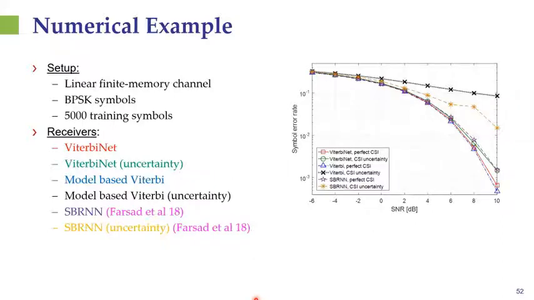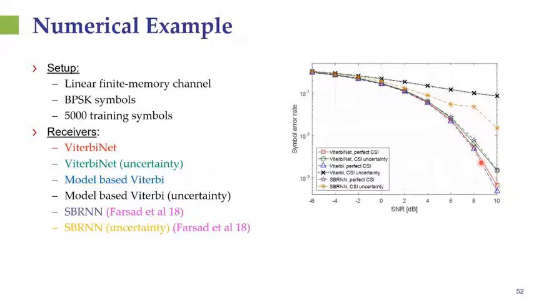Now, here we're considering a network which is trained with merely 5,000 symbols. Let us recall that the previous examples we discussed were trained using the orders of several millions of training symbols. And what we have here, the curve in blue, is the performance of the Viterbi algorithm, which knows the channel at each given time instance. And the curve in red is the performance of ViterbiNet.